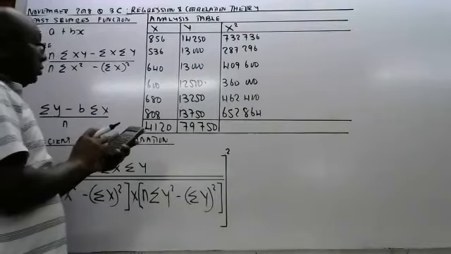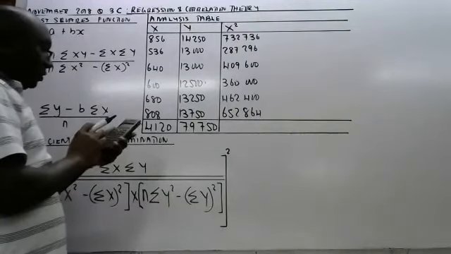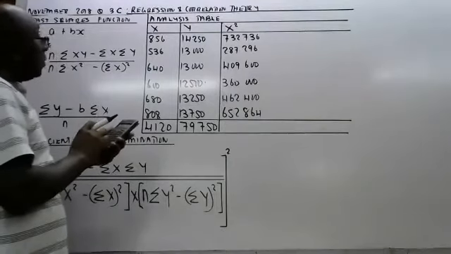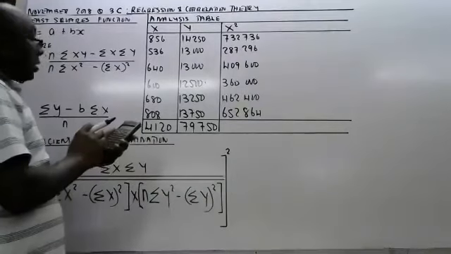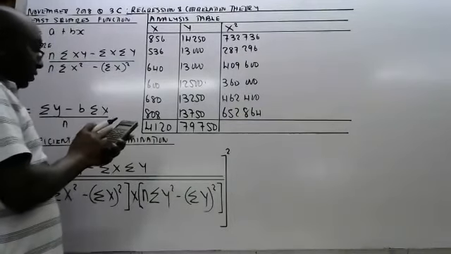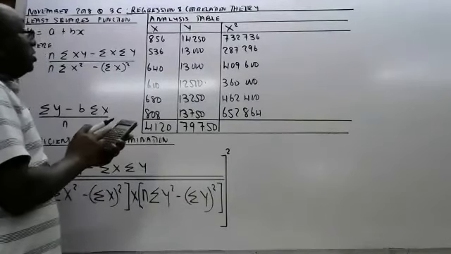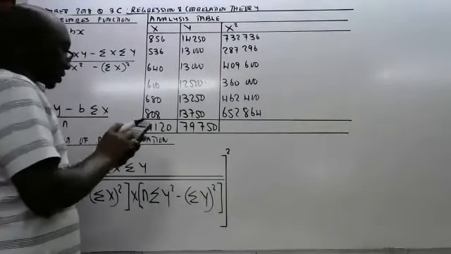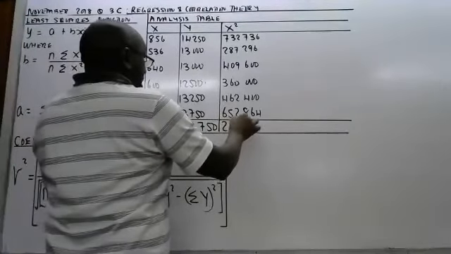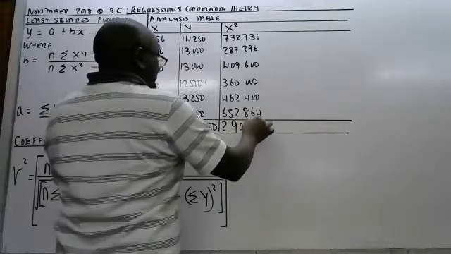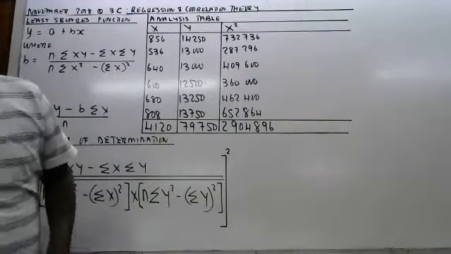Plus 462,400 plus 360,000 plus 409,600 plus 287,296 plus 732,736. I record 2,904,896.